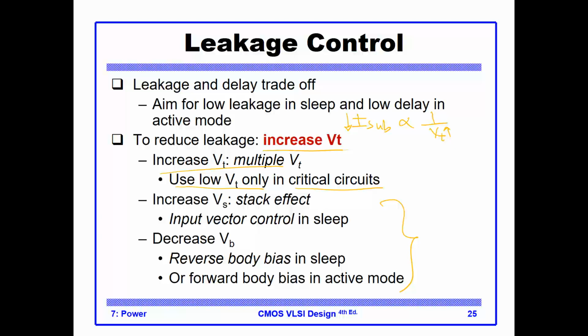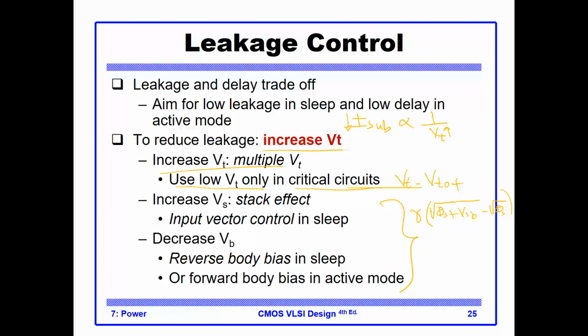We say that VT equals VT0 plus the body effect factor times the square root of the surface potential plus VSB, minus the square root of the surface potential.